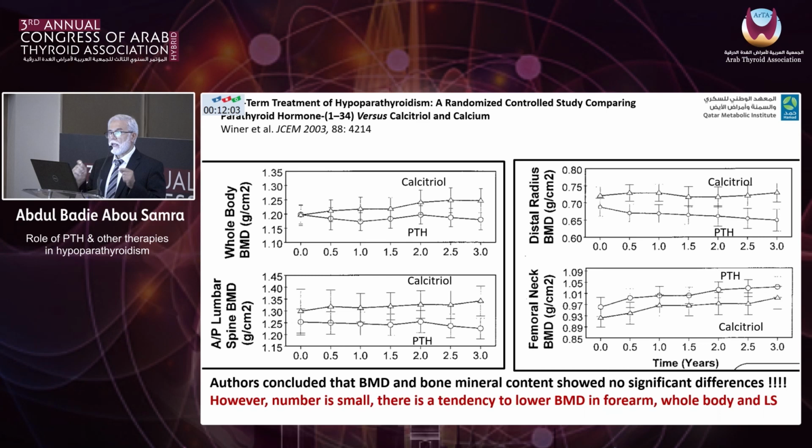But I need to say these are PTH 1-34 given twice a day, and it's not a mimic of giving once a pulse, and it has a chronic effect on bone.